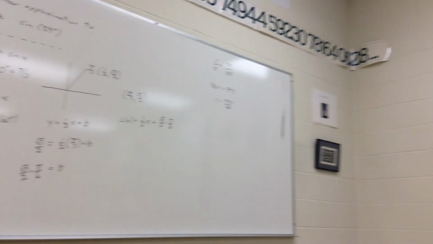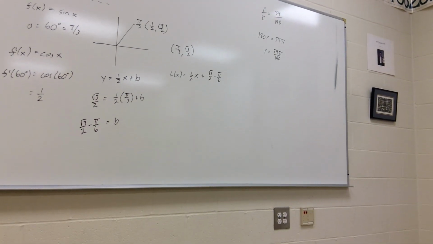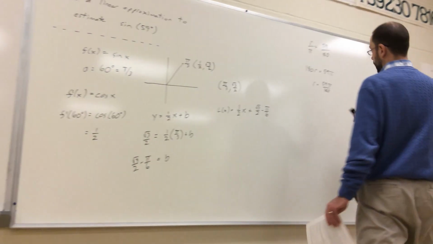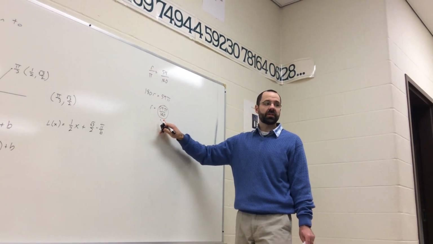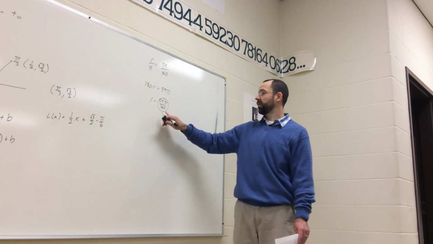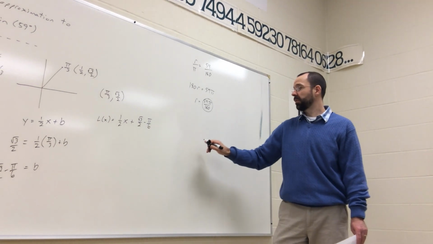Wonder if I got a decimal for that. No, not until the very end. So this mess here is just 59 degrees in radians instead. So now I just plug that into here for my x.